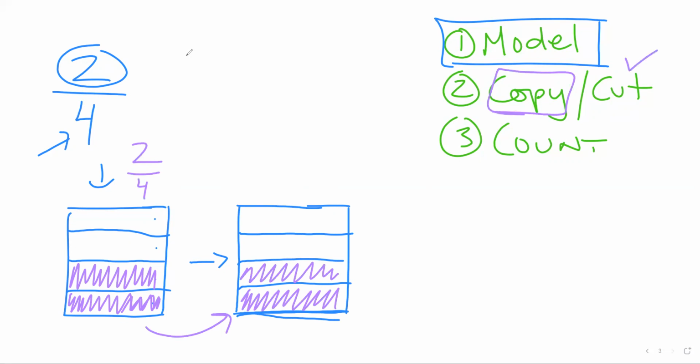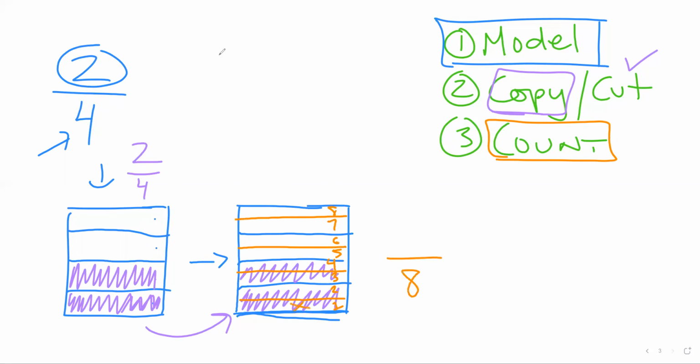But now we're going to cut. So I'm going to take this second model I just made, and cut it. Maybe this time I'll cut everything in half like this. And again, they're still equal pieces, but this time, as we get to the count, you can see I have 1, 2, 3, 4, 5, 6, 7, 8 pieces.